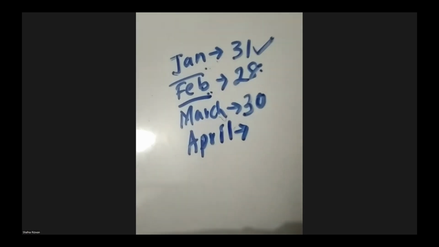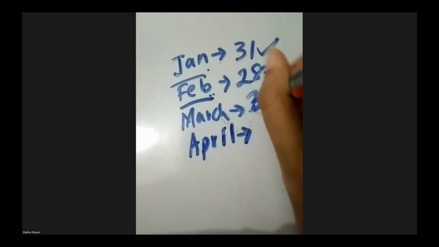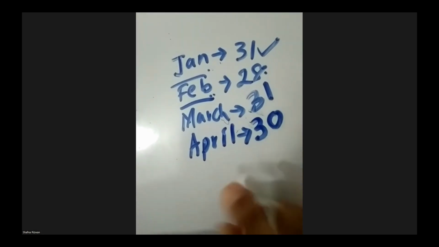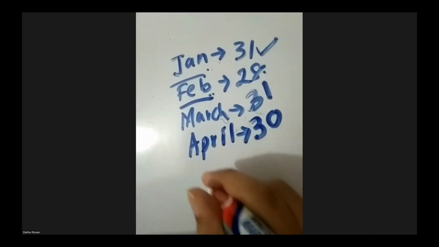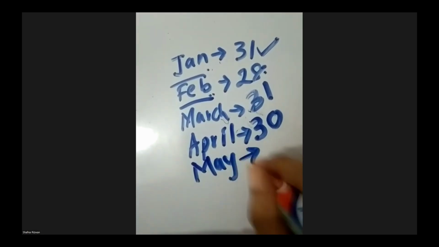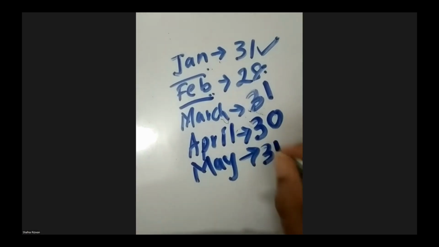No, in March you should have 31 days. Yeah, correct. So you should have 31 days in March. Then in April, how many days do you have? In April, you have around 30 days. And then after that, May, how many days should you have? In May, you should have around 31 days, okay?